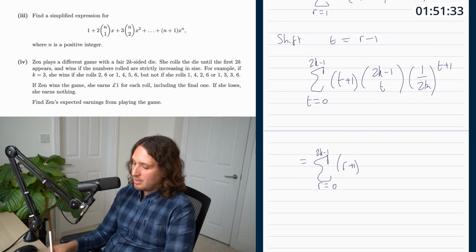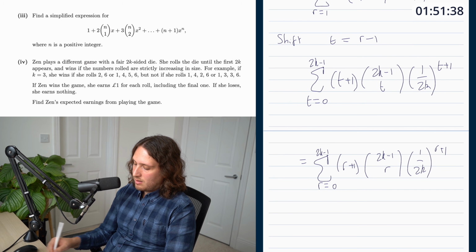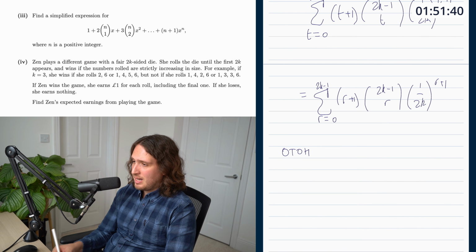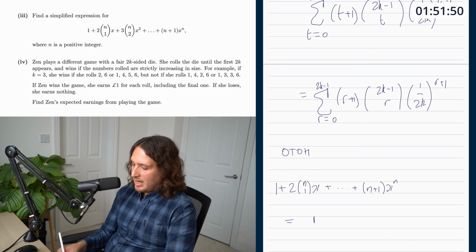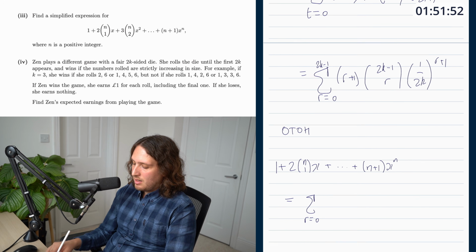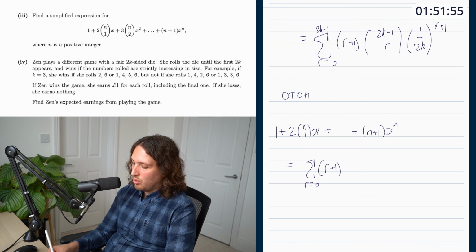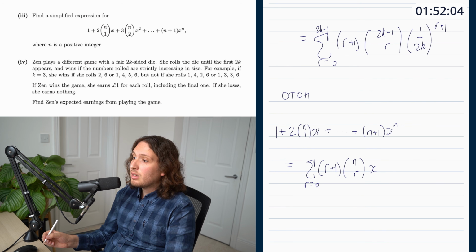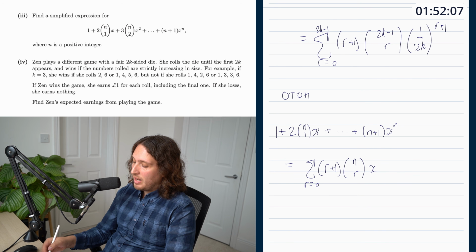How does this compare to what we had in the last part? That's what I want to know. So on the other hand, 1 plus 2n choose 1x plus up to m plus 1 x to the n. So I'll let my sum run over the powers. The coefficient is always 1 more. And then I've got n choose my power. And then I've got x to... well, to the r, right?